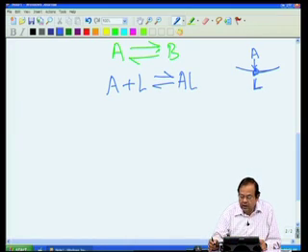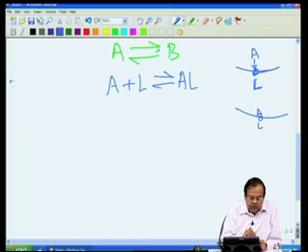I will call this AL, A sitting onto the active site. So, this is, if you recall, my third step in the description, or adsorption.